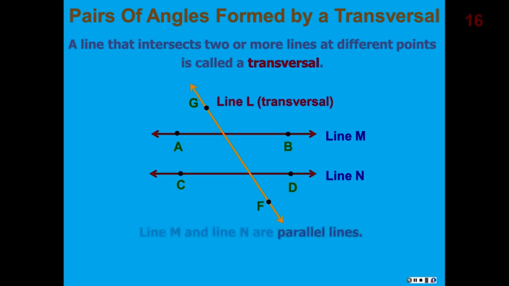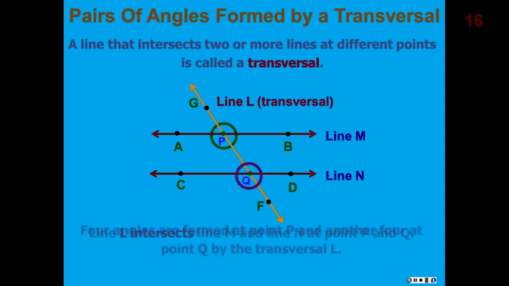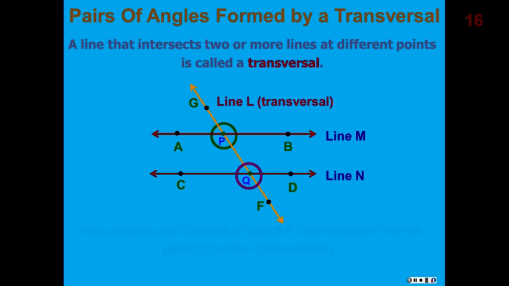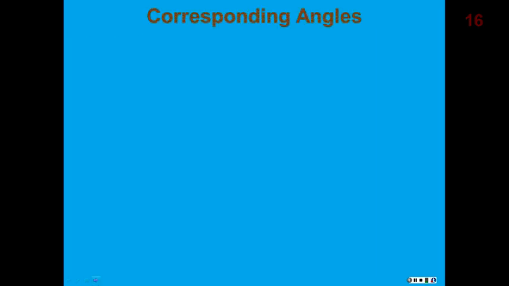So let me pop them in. So that's where that bisects the 2 parallel lines. You know that you have a transversal situation. Here are the 8 angles that are formed.